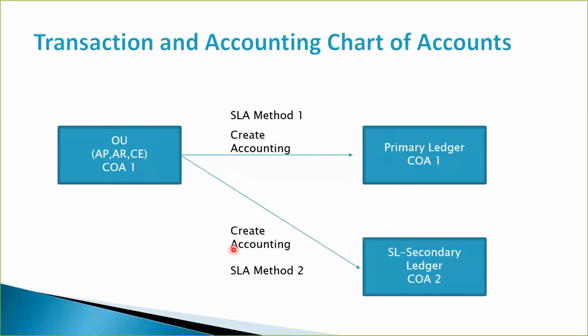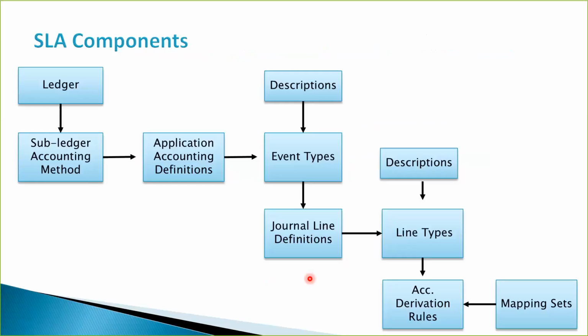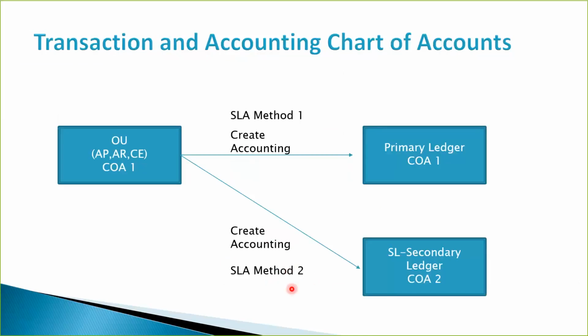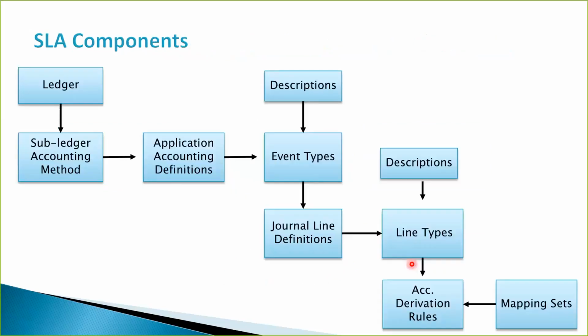So you will associate this particular subledger accounting method with your secondary ledger, and then you can specify the chart of accounts for your secondary ledger in those components, and you can do it at any level or for any of these components.